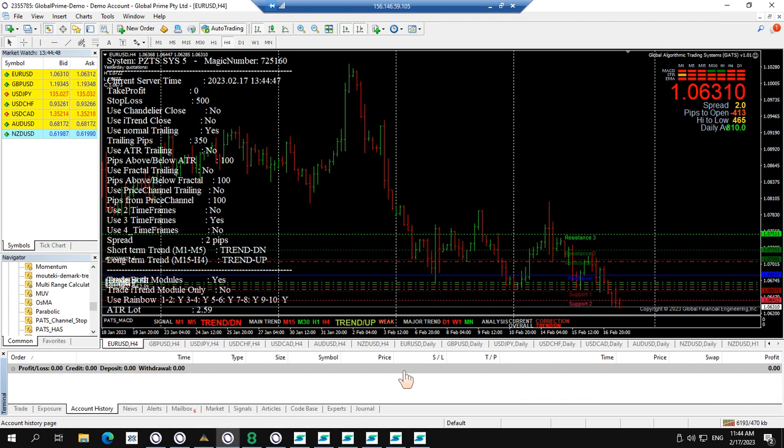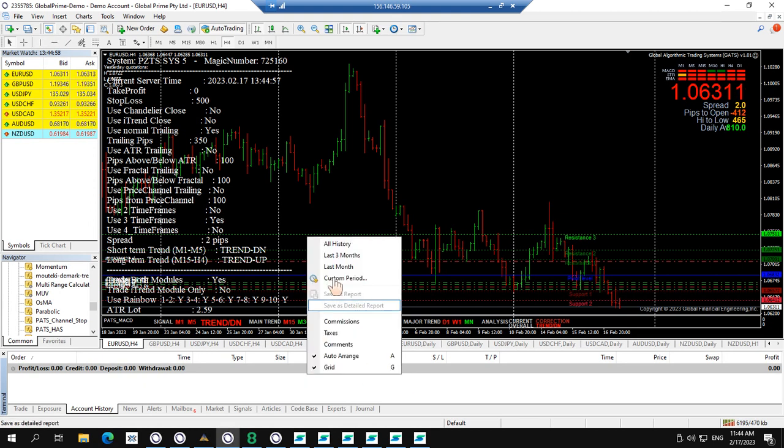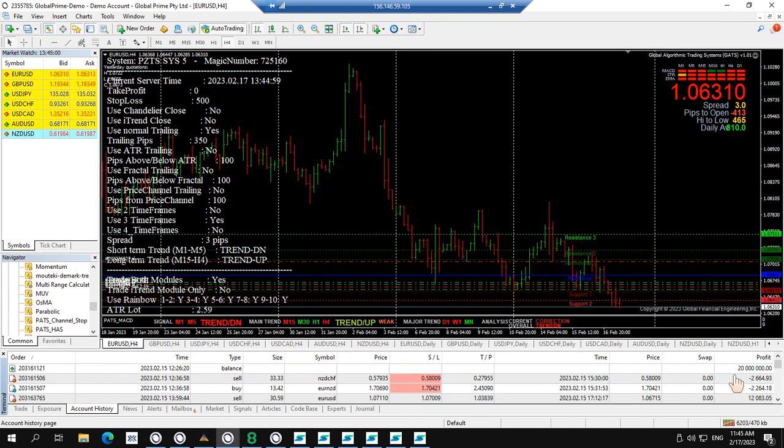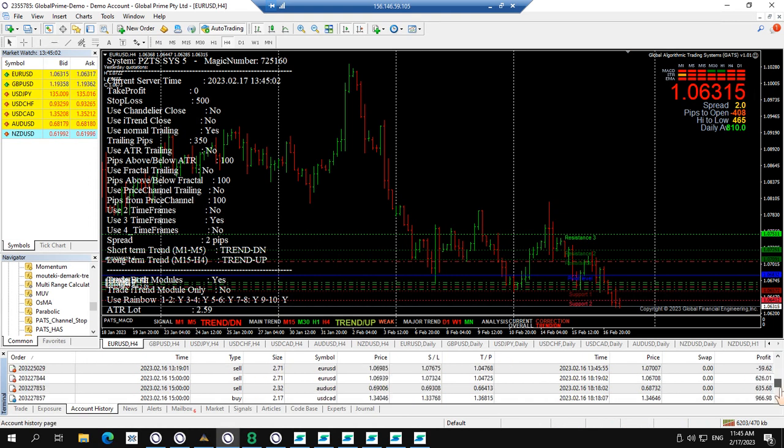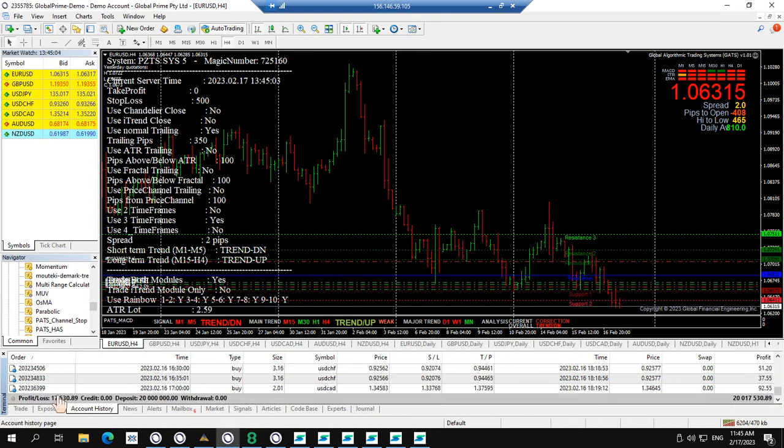So this could also indicate that our trailing stop is not inadequate, because we have no stop out. The total status in terms of closed trades thus far is 17,530. You see deposit 20 million.